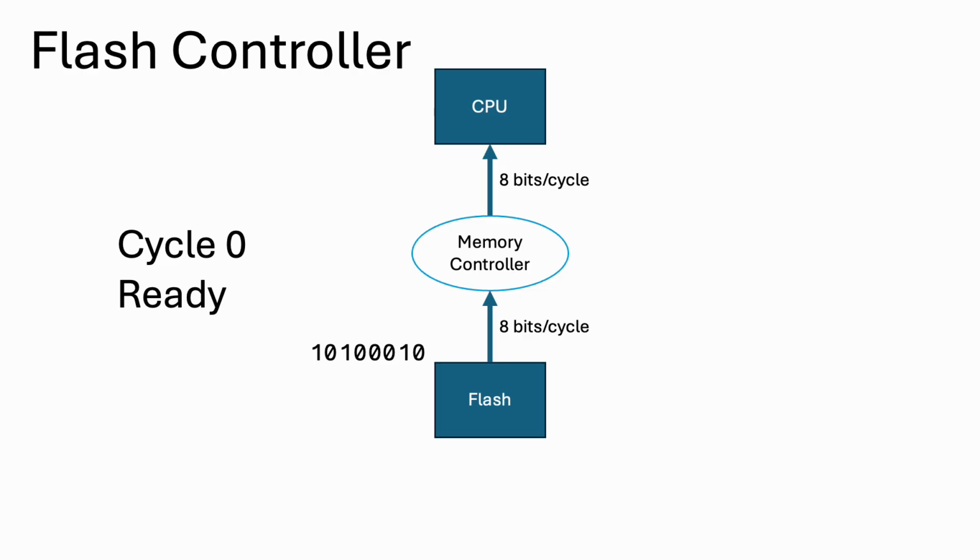You can see that it's starting in cycle 0 in this ready state to indicate that it's ready to accept a byte, and then it transitions into a busy state as there's data inside the memory controller, and then finally it transitions back to a ready state once the transfer to the CPU is complete and it's ready to take in another byte. It goes back to a busy state, and then finally it ends up back in the ready state.